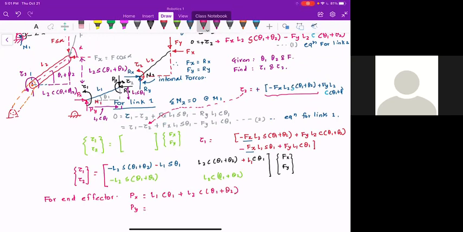Now Py is going to be L1 sine theta 1 plus L2 sine theta 1 plus theta 2.